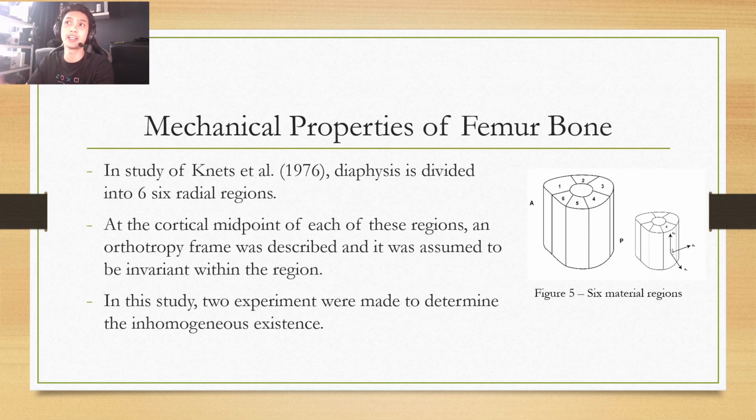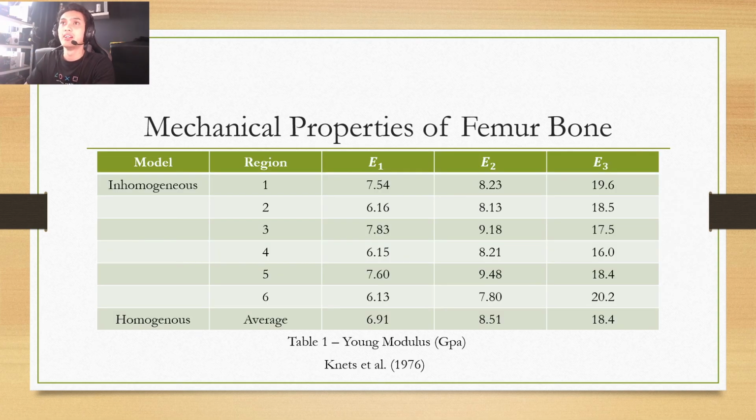So the second one is the mechanical properties of femur bone. As we can see in the study of Knets 1976, the diaphysis is divided into six radial regions, and this is how we prove it is inhomogeneous. This is the mechanical property of the femur bone, homogeneous and inhomogeneous. This is the difference between the Young's modulus values of the inhomogeneous and homogeneous regions.